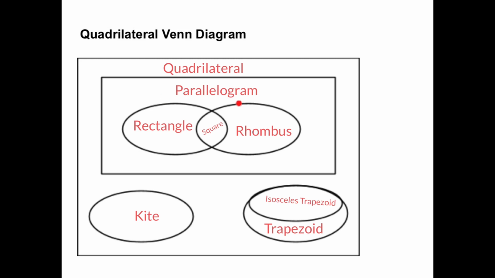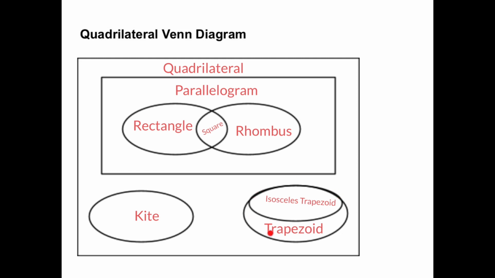There are 5 properties that make a parallelogram, and within that, the rectangle and the rhombus are more specific parallelograms, and then the square is a combination of those. So if you remember, the square is the most specific type of parallelogram. Rectangles and rhombi are special parallelograms, but there are other parallelograms that are not called rectangles, squares, or rhombi. So just don't forget about those other parallelograms that would live outside of the bubbles, but inside this box.